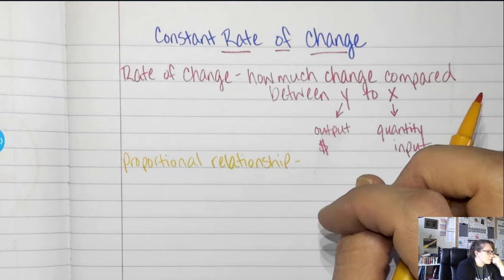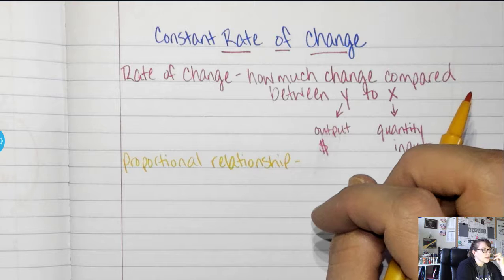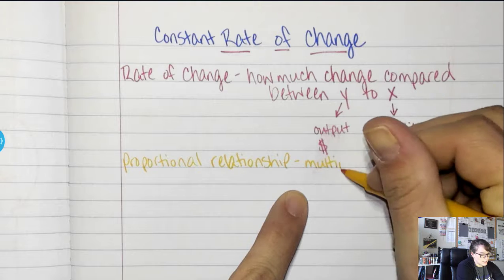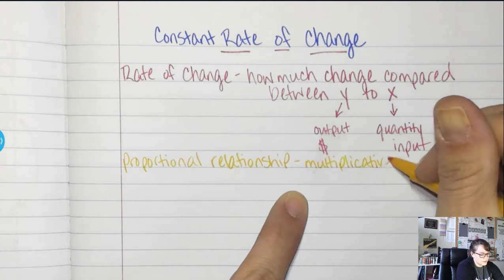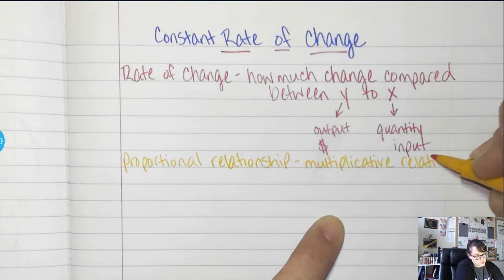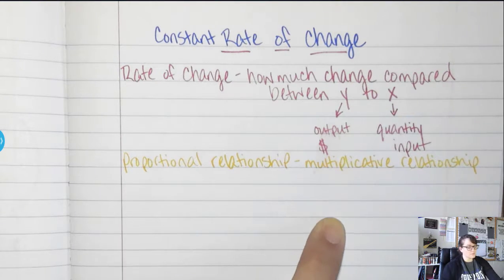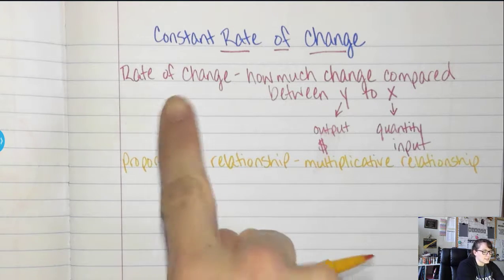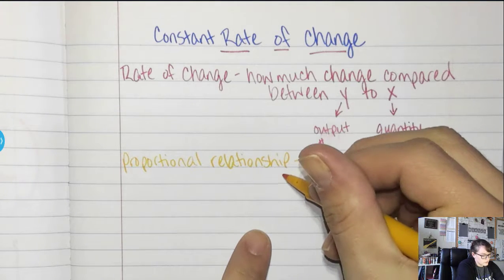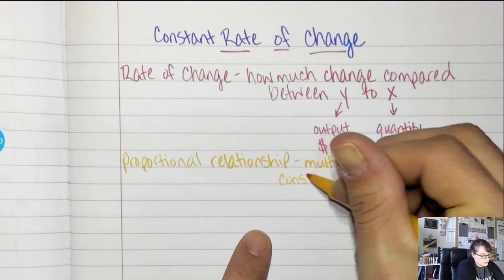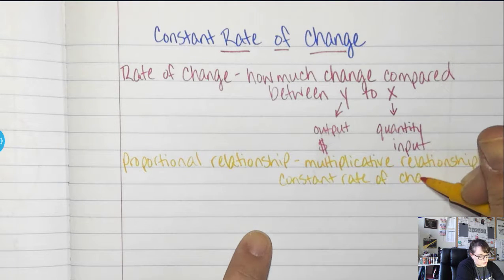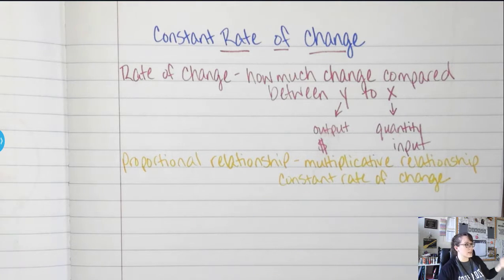Proportional relationships have a multiplicative relationship, and it has a constant rate of change. Each thing costs the same. It's a straight line. It doesn't vary.